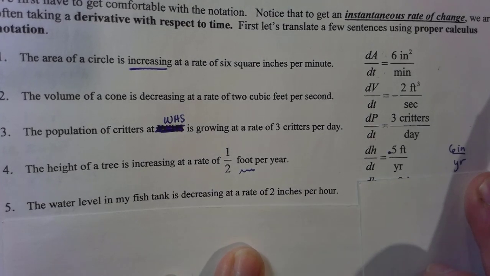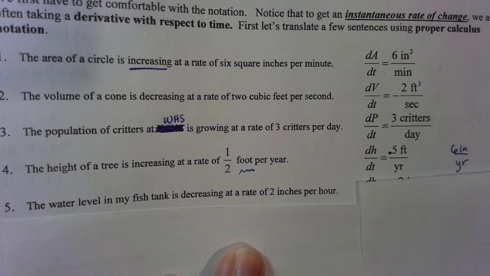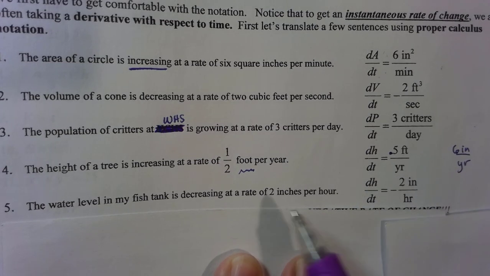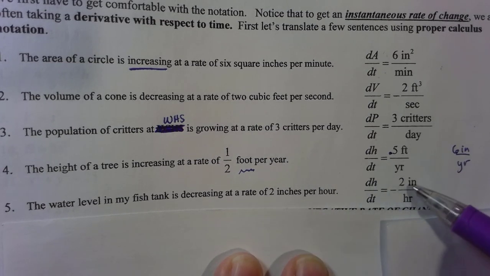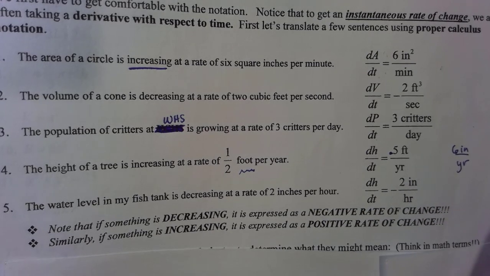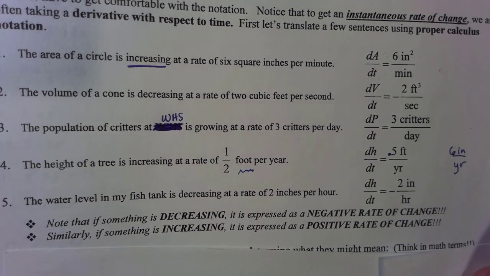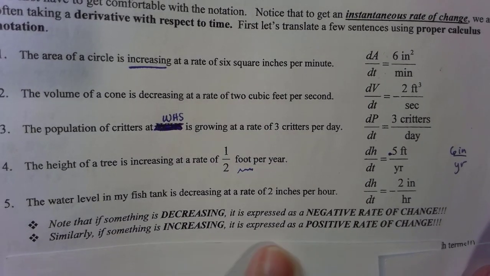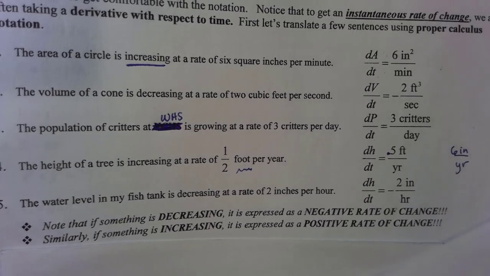The water level in my fish tank is decreasing at a rate of 2 inches per hour. dH dt, that's going to be the height, is negative 2 inches per hour. Notice that if something is decreasing, it's expressed as a negative rate of change. If something is increasing, it is expressed as a positive rate of change.